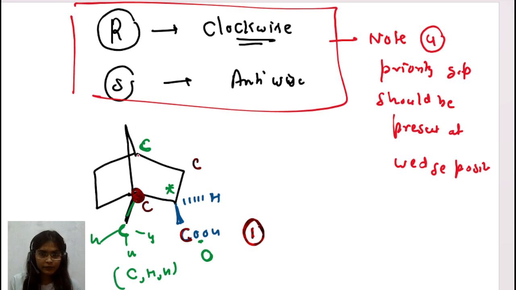Look at this carbon. This carbon is combined with carbon there, and further it is combined with one more carbon. So this carbon is connected with carbon, and hydrogen is also there. Maybe you're not able to understand, so I'm repeating this point one more time.